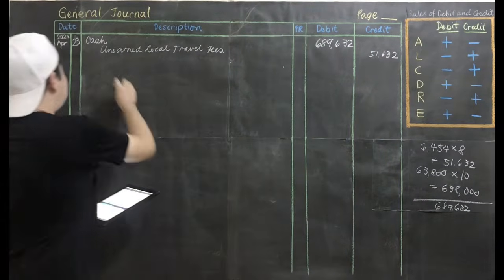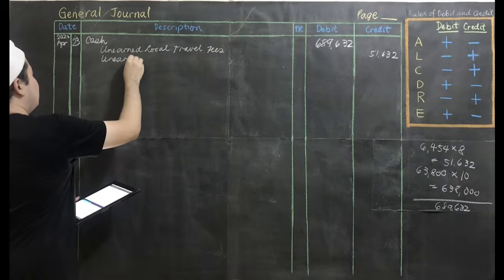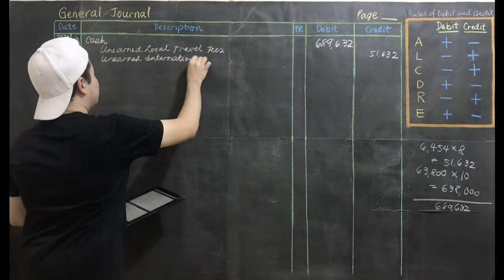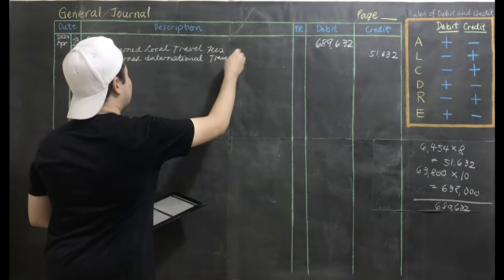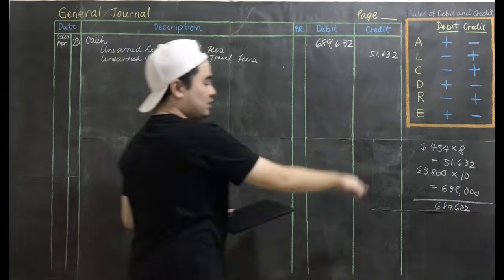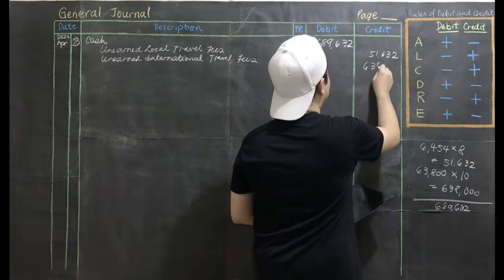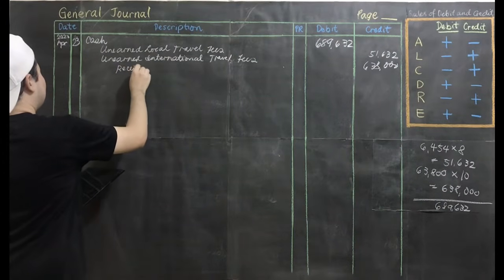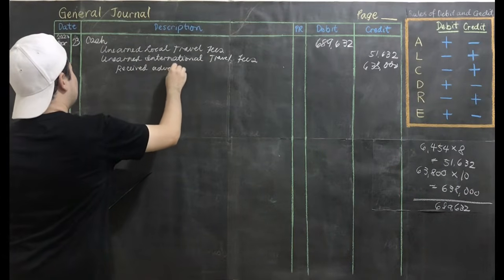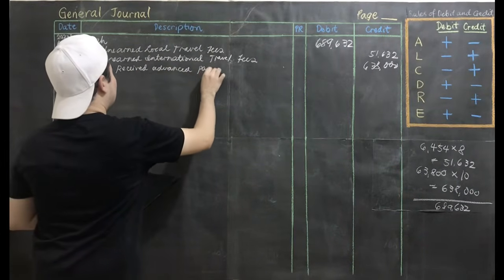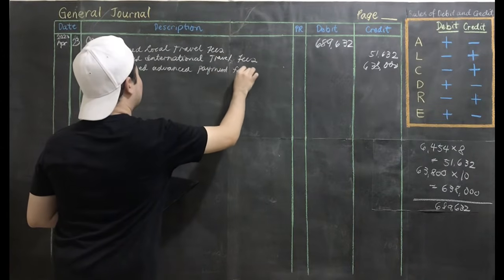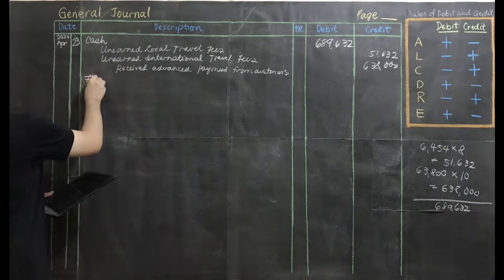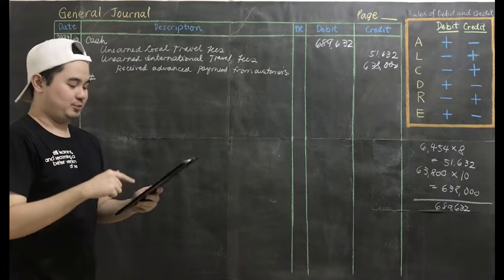And then for the Japan, yung 638,000. Receive advance payment from customers.